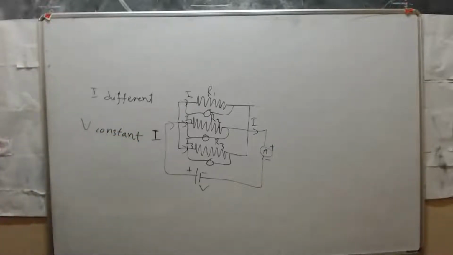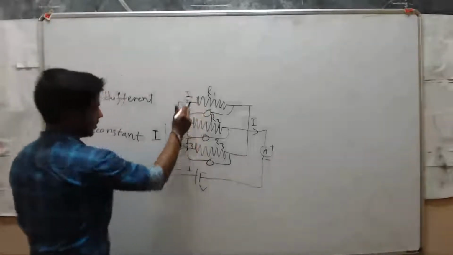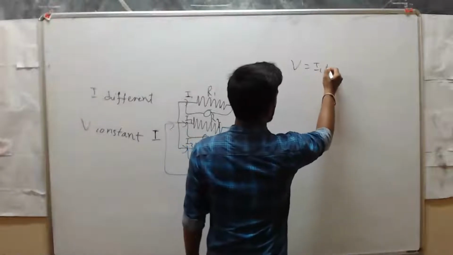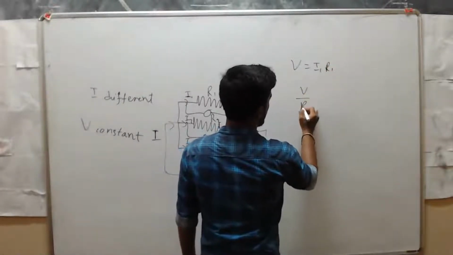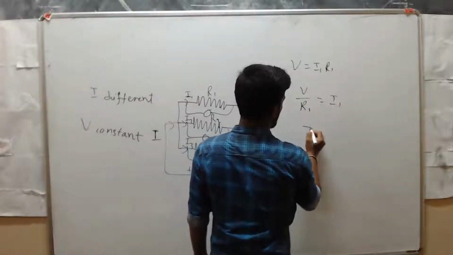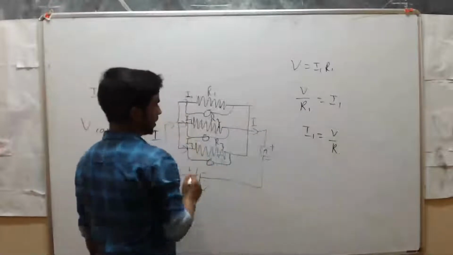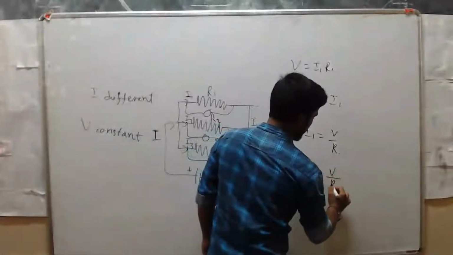Voltage is constant. Now, if you want to calculate current in this branch, for that we use the formula V is equal to I1 into R1. We need I1, so V divided by R1 is equal to I1, or I1 is equal to V divided by R1. If you want to calculate current I2, then I2 is equal to V divided by R2.